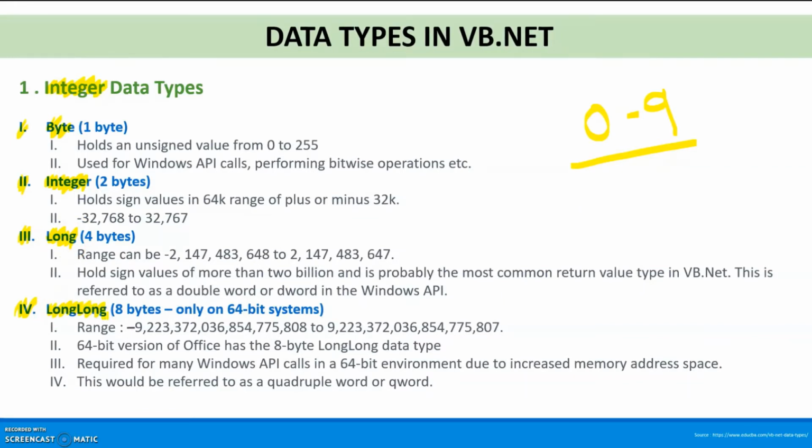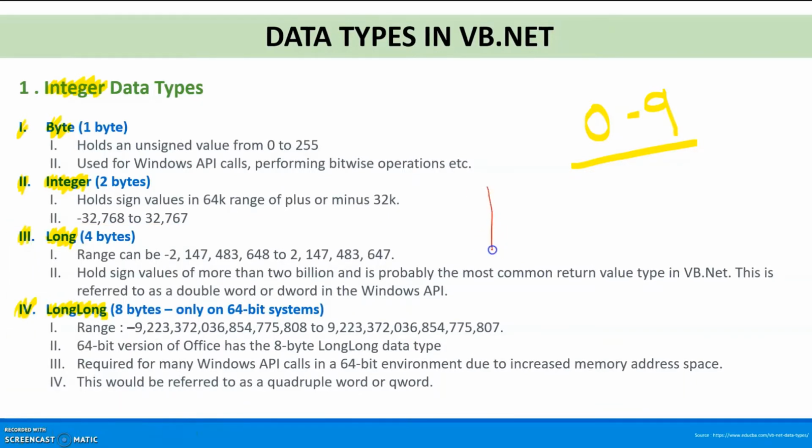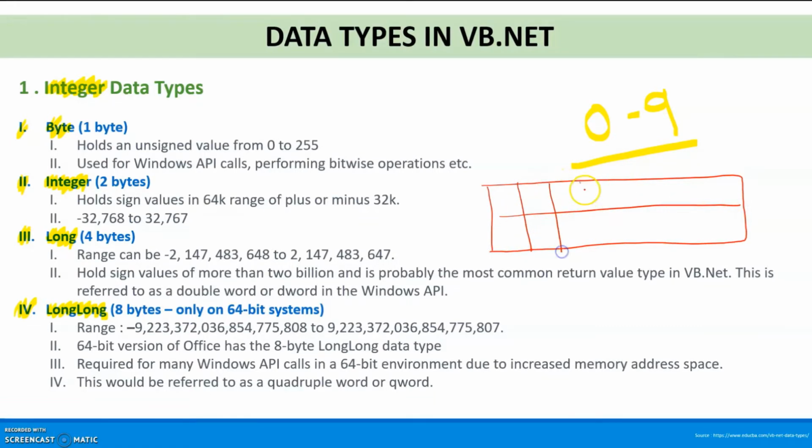So the question is why we need different types of integer, right? The reason is the memory capacity. Let's say that these are your memory blocks. I'm just assuming that each block is of 1 byte.